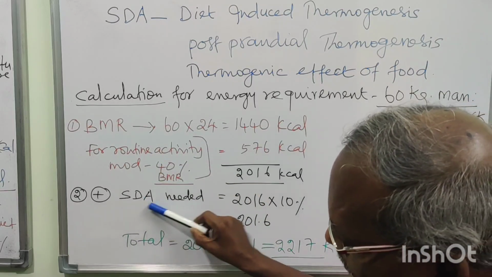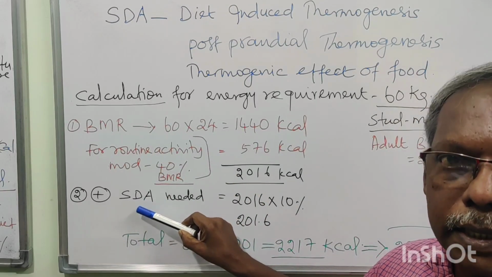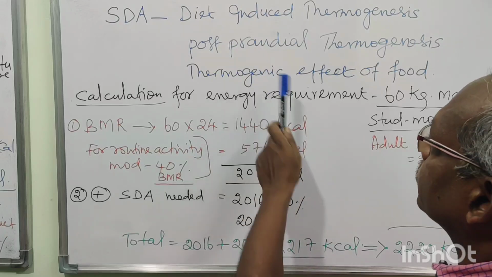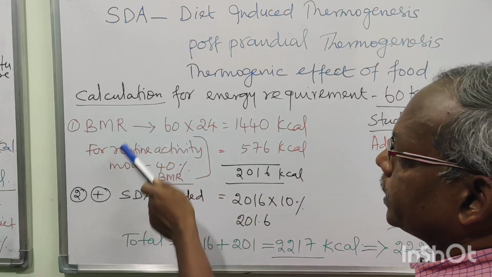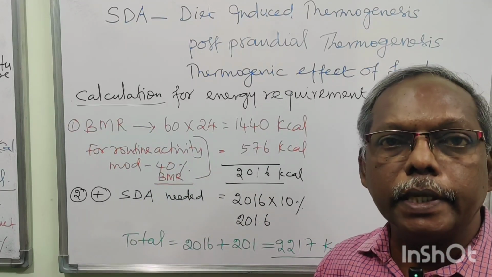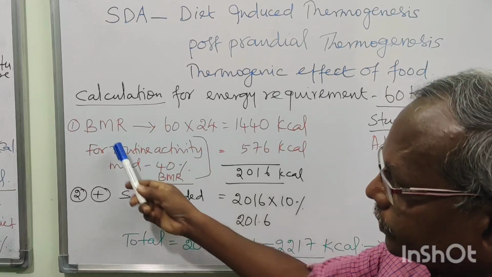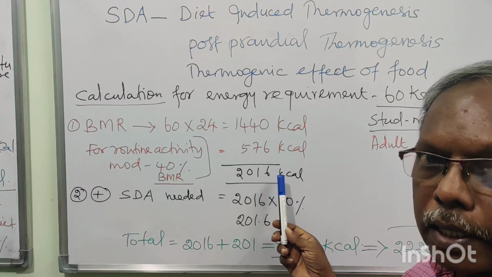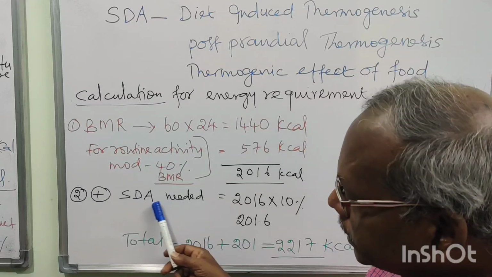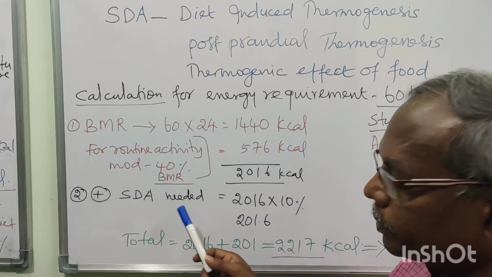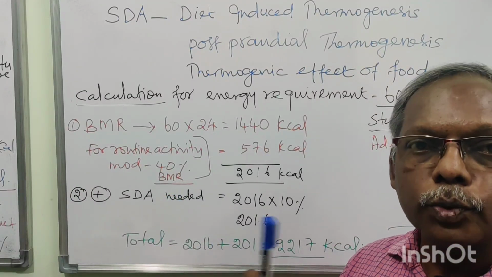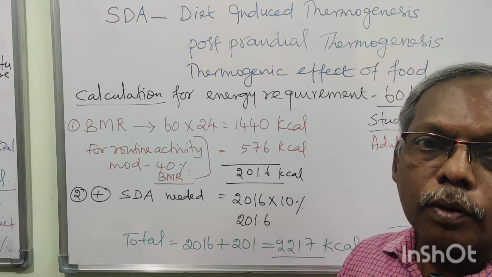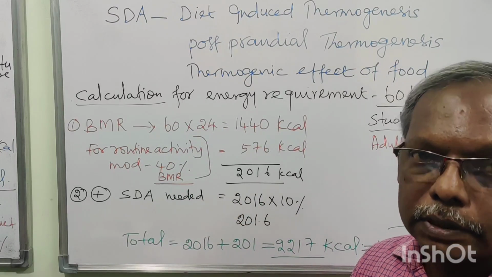Now we are going to calculate the SDA, because energy requirement calculation is the combination of BMR and SDA. First we derived the BMR value, 2016 kilocalories. Coming to SDA, we already discussed that a minimum of 10% extra energy should be given for any kind of mixed food.